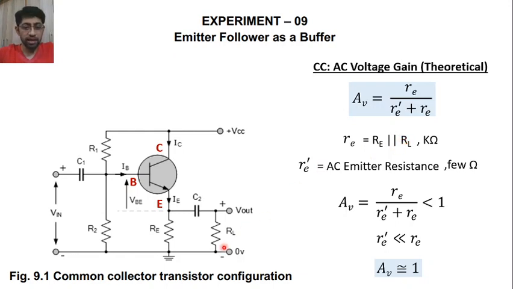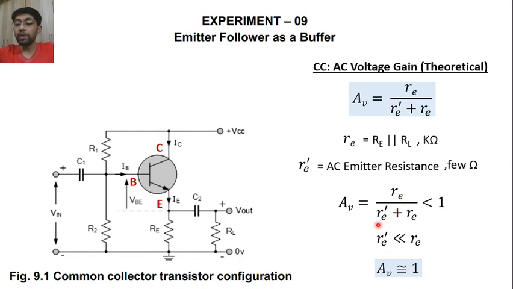So the parallel combination of RE and RL becomes small re, and re dash is the AC emitter resistance. Now we know that re will be in kilo ohms and re dash will be a few ohms, so re dash is very small compared to small re.